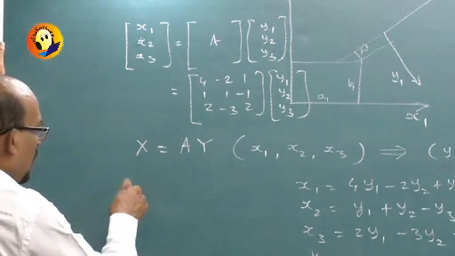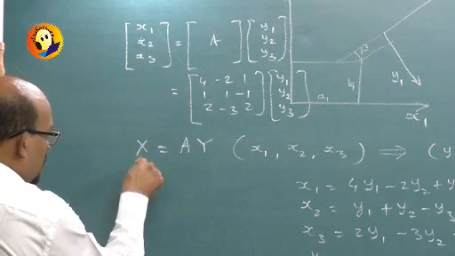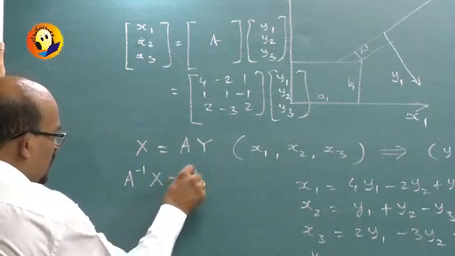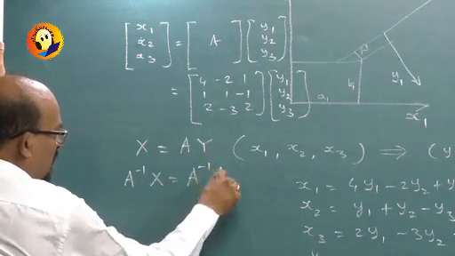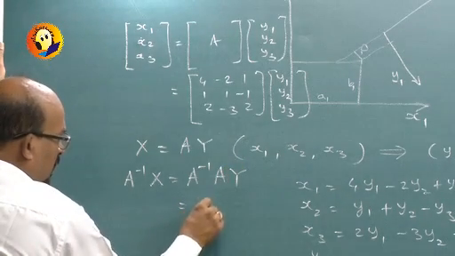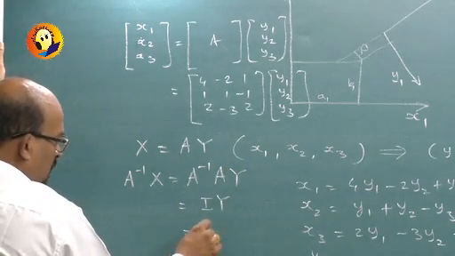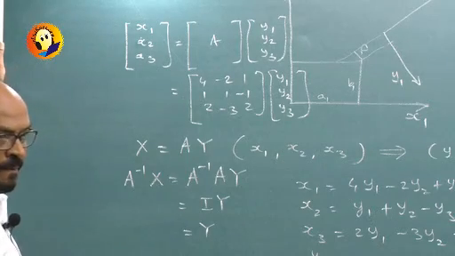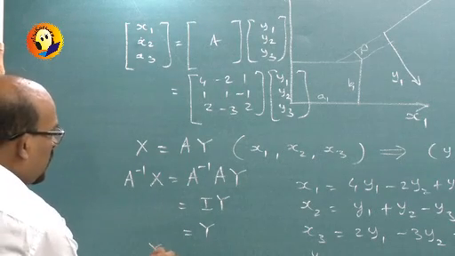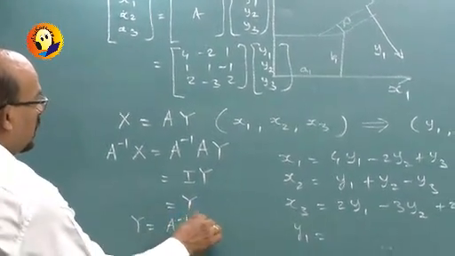If we want the other way around, we can multiply both sides by the inverse. A inverse x equals A inverse Ay, which is nothing but Iy, which is nothing but y. And I will have the other transformation, y equals A inverse x.